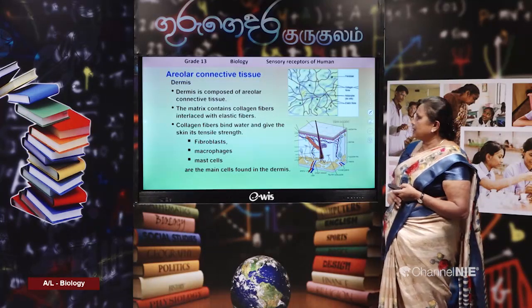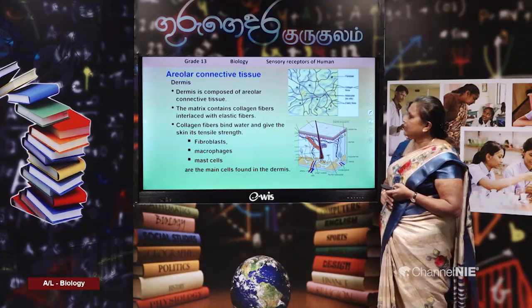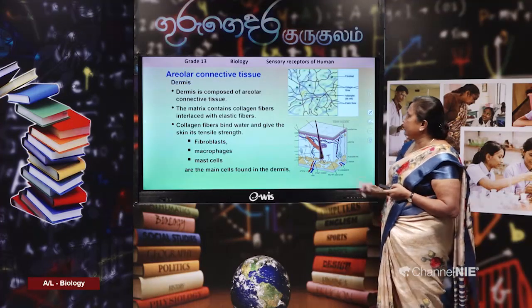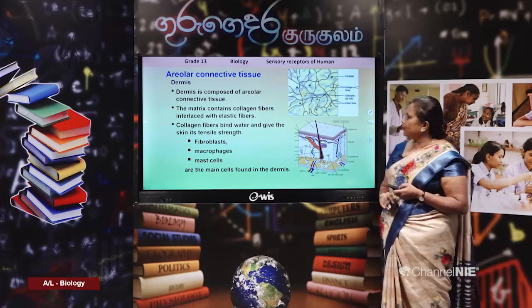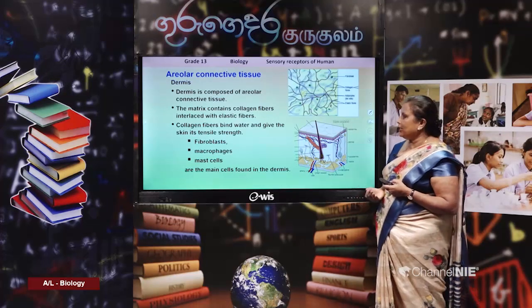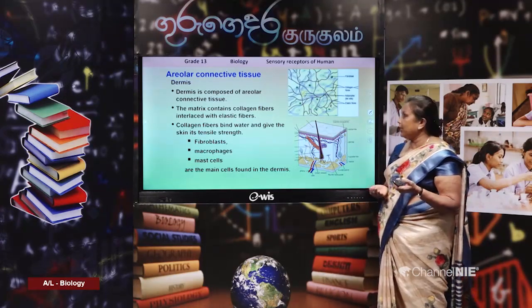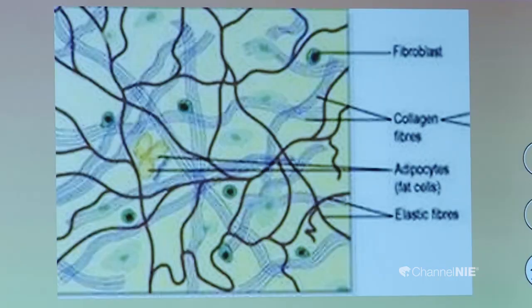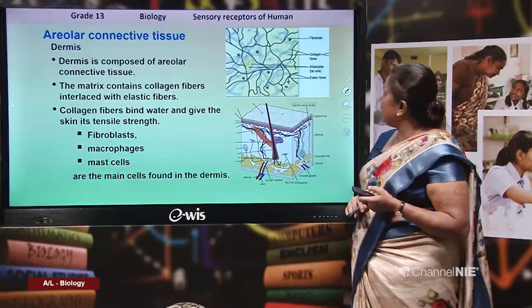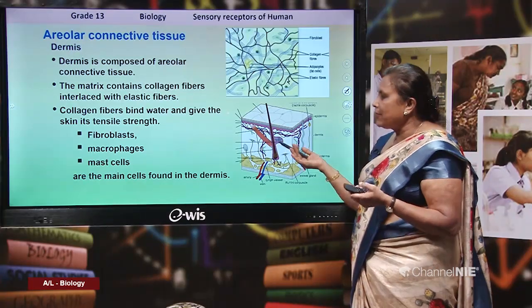Then the dermis. Dermis is composed of areolar connective tissue. As you know, you study areolar tissue or the loose connective tissue, which contains collagen fibers, then elastin fibers. These are interwoven in the matrix and the cells are present.